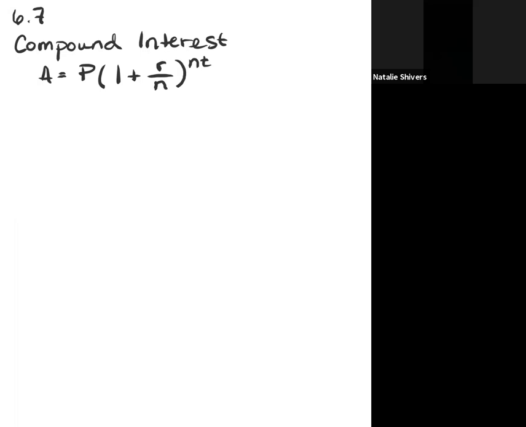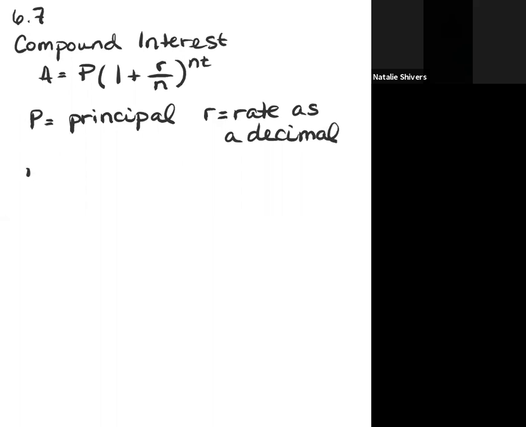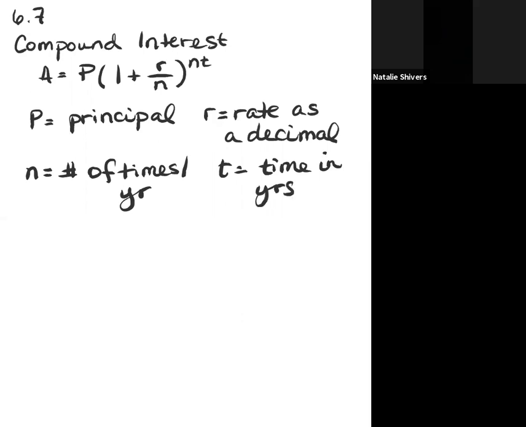So P is the principal, r is the rate as a decimal, n is the number of times per year, t is time in years, and A is the amount in interest.